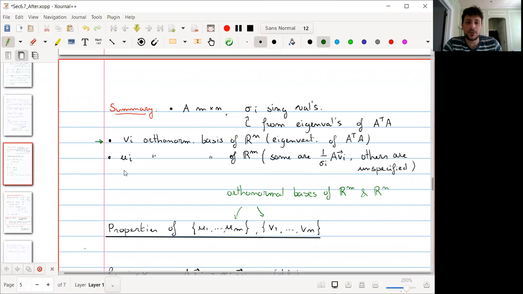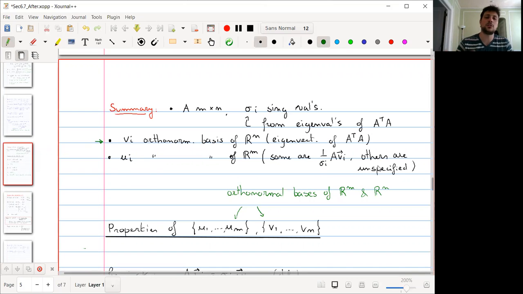On the other hand, we defined the basis Ui of vectors in Rm that are defined, well, some of them, for as long as we have singular values, to be singular vectors of the matrix A. The others come from a process of completing to a basis and then orthogonalizing by Gram-Schmidt and then normalizing.